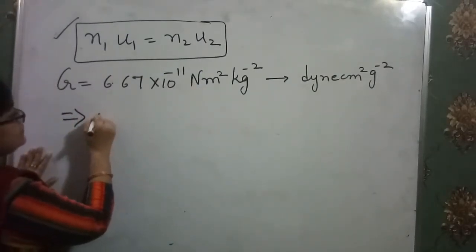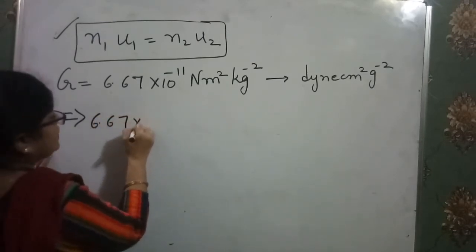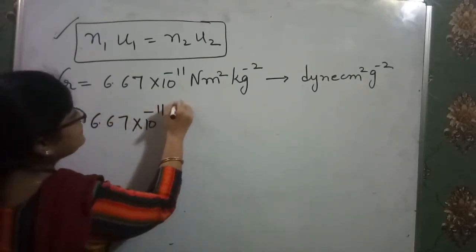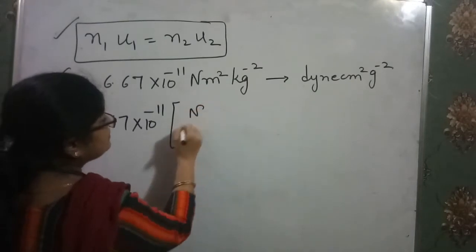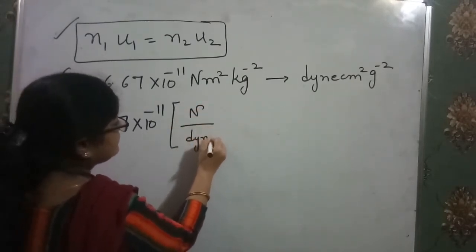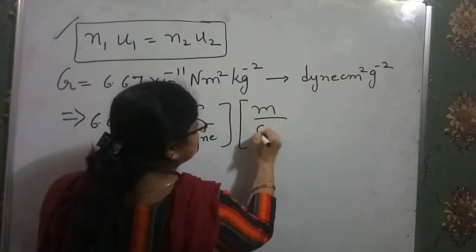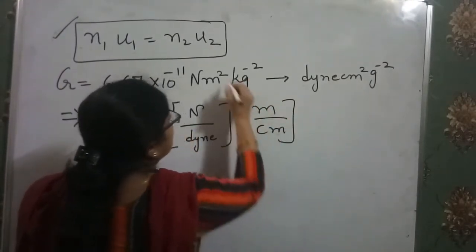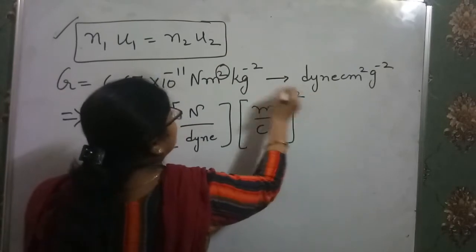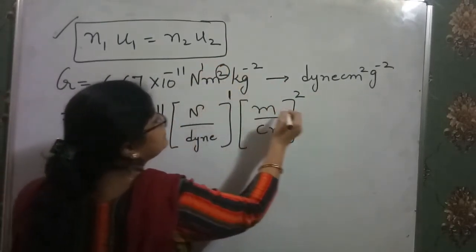So, we have 6.67 × 10^-11. We have Newton over dyne. Now we have meter over centimeter. Here the power we have 2 and here the power we have 1.